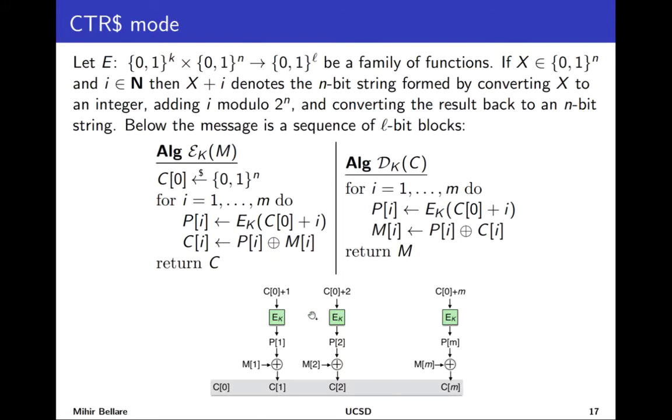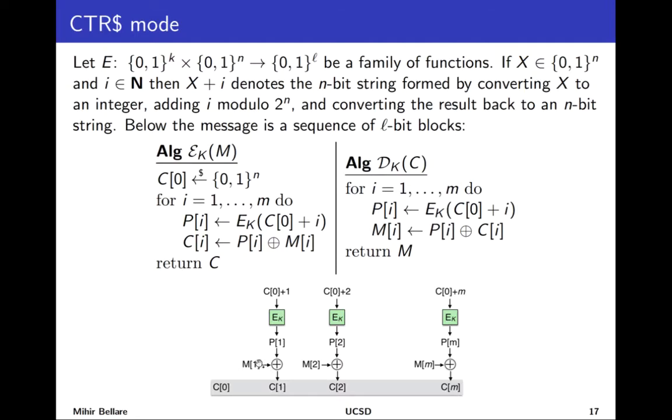We run the block cipher or family of functions with this key on all of those, and we call the outputs the P's here. P stands for pad, because what we're going to do is use them as pads for encrypting the message. Each message block is simply XORed with the corresponding pad block, and that gives you the corresponding ciphertext block.